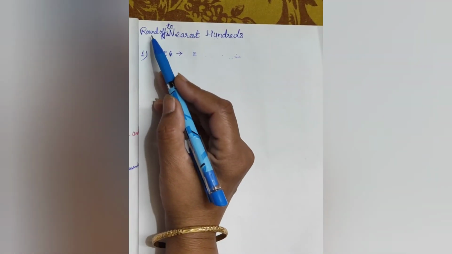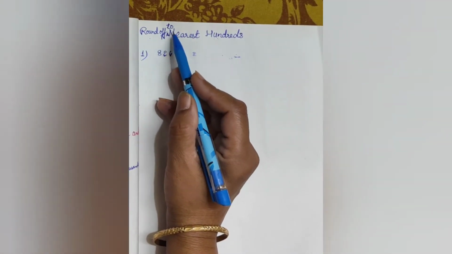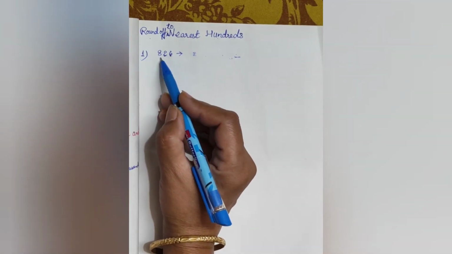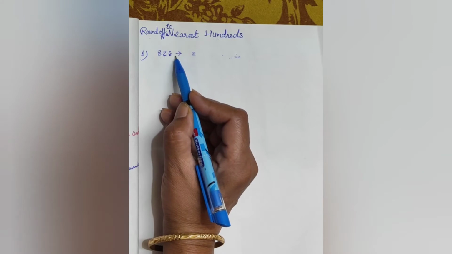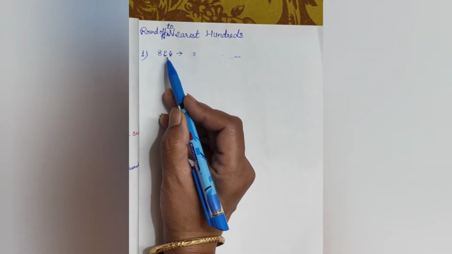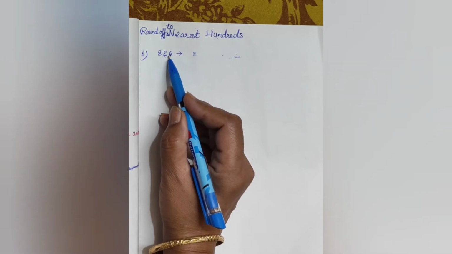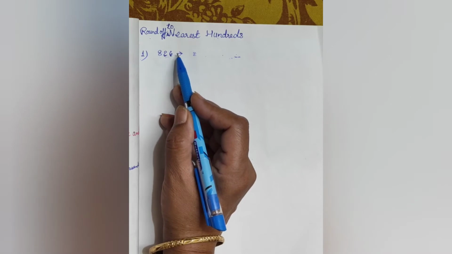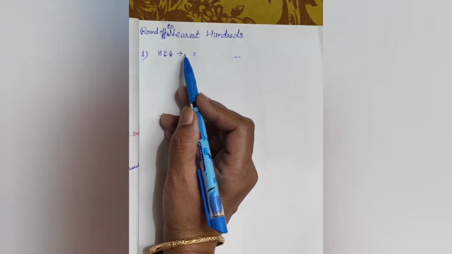Let's take some examples of round off to nearest hundreds. Example 1: 826. If the digit at the tens place is less than 5, replace the tens and ones digits by 0 and write the other digits as it is.